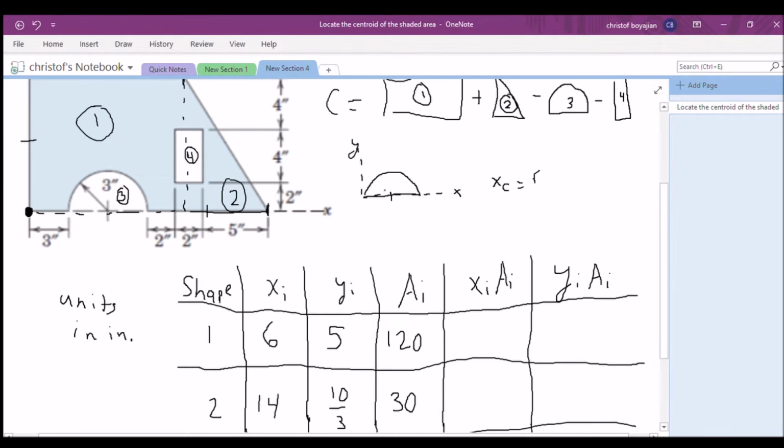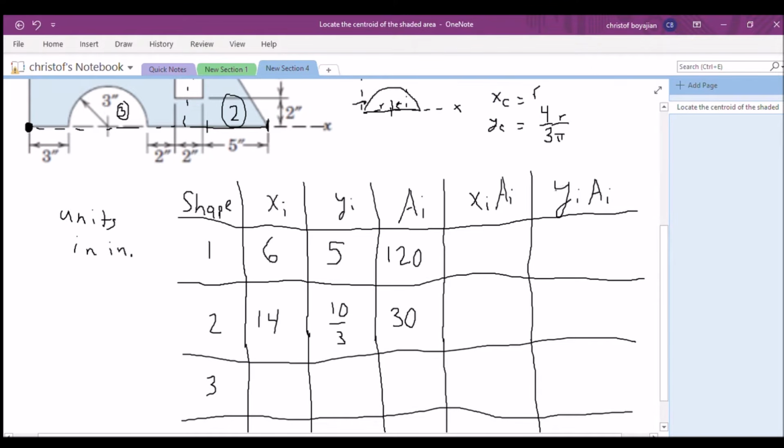So I'll denote this as r. So we'll say that this is distance r, radius. Now our y coordinate of the centroid is by using this formula. We use 4/3 r divided by pi. Okay, now that's this distance up from the x-axis in a vertical direction.